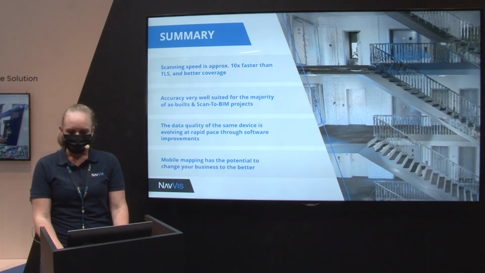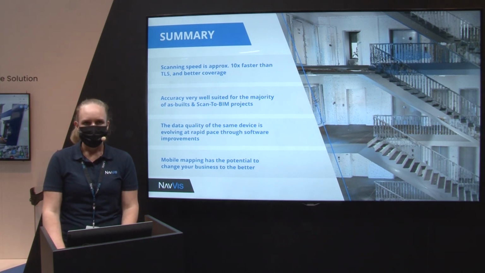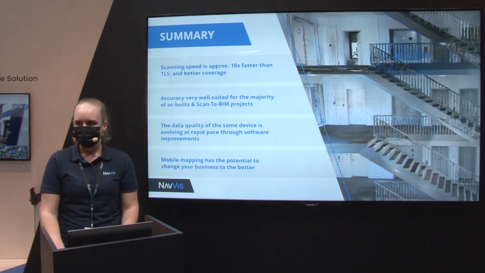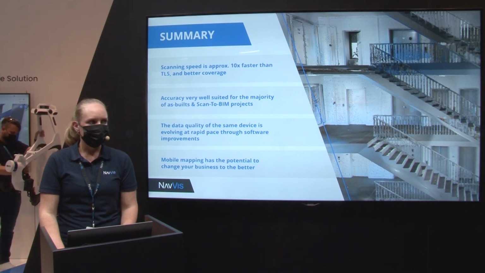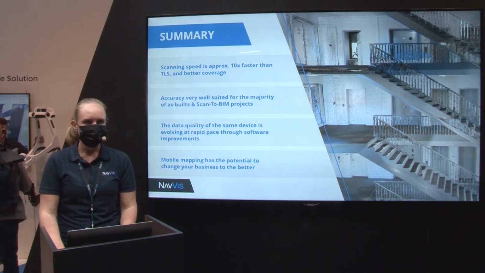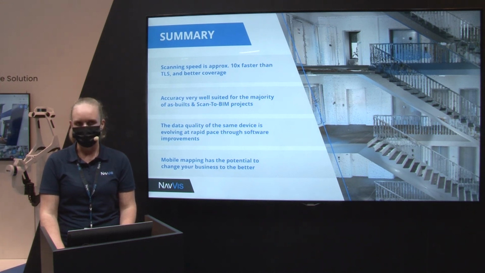A third point I want to mention is the power of software. So with NavVis, yes, you buy a hardware device, but you will still have an improved accuracy in future because we, of course, improve our software and share our software improvements with our clients. So you get updates every month.